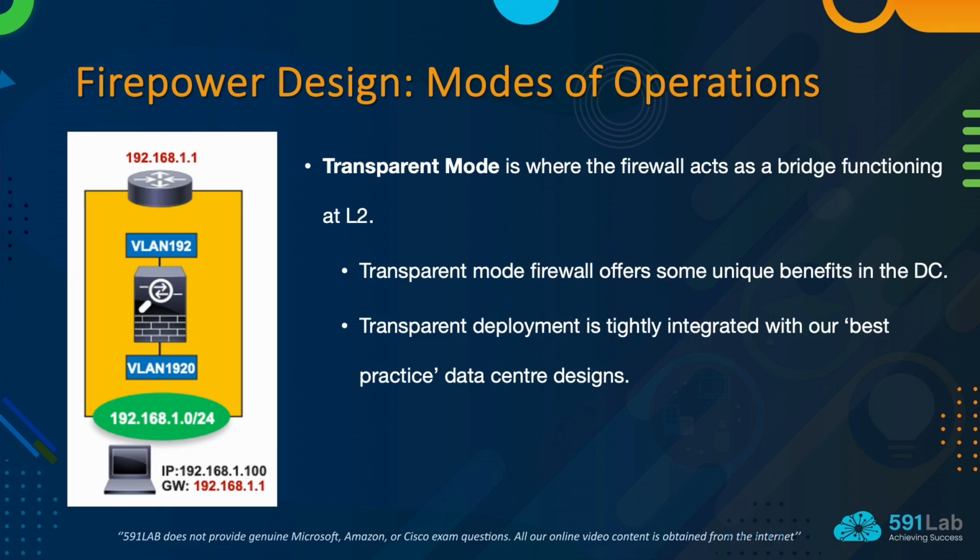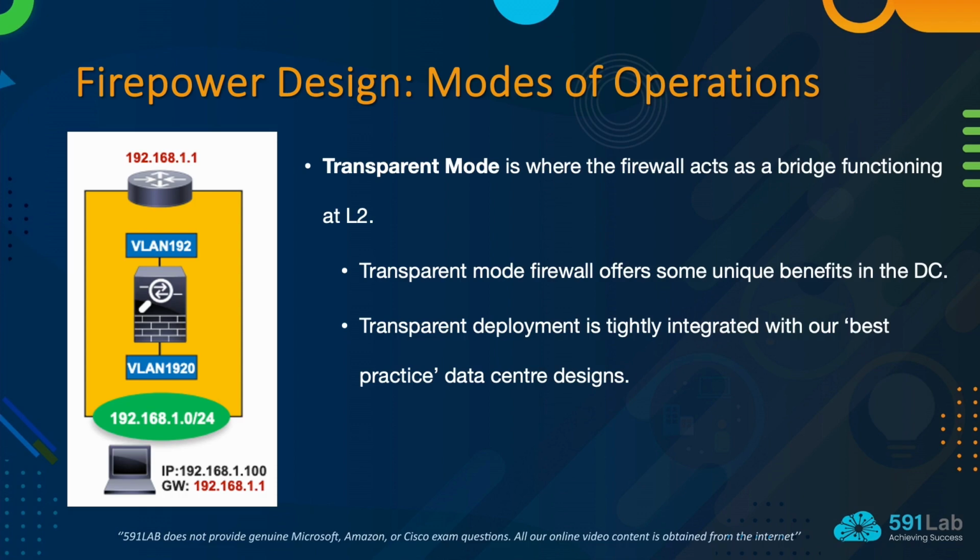If the destination MAC address is on the same network segment as the Firepower device, the packet is forwarded out of the appropriate interface. If the destination MAC address is on a different network segment, the packet is dropped.